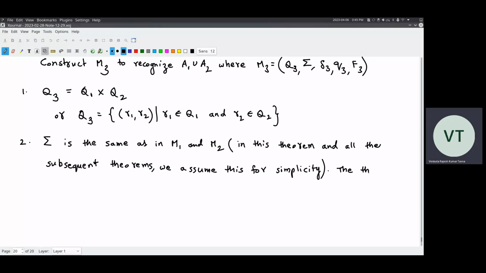The theorem remains true even if they have different alphabets, sigma 1 and sigma 2.